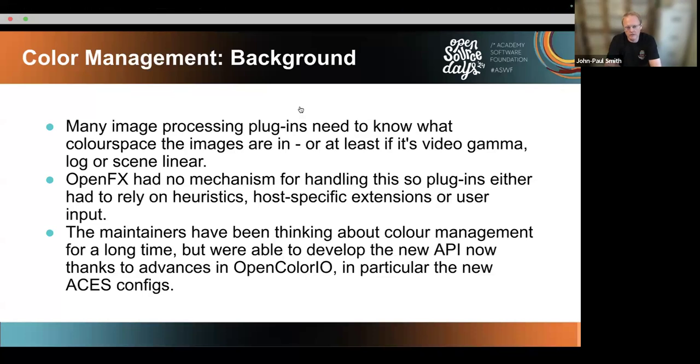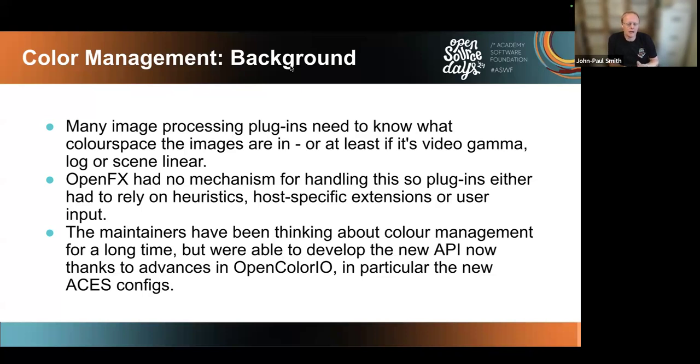So plugins have had to rely on heuristics, like for instance, it's an 8-bit image, so we're going to assume it's Rec 709, or it's a float image, so we'll assume it's scene linear. Sometimes these were right, sometimes these were wrong, or we had to ask the user, or rely on lots of unreliable techniques.